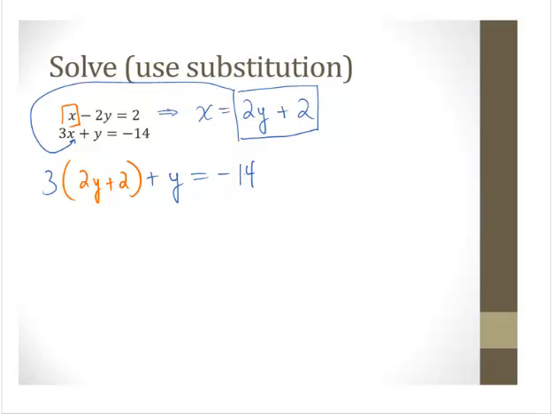So notice when you make that substitution, you really need to put that in parentheses, because in this case we have to multiply that whole quantity by 3. So then that gives me 6y plus 6 plus y is negative 14.